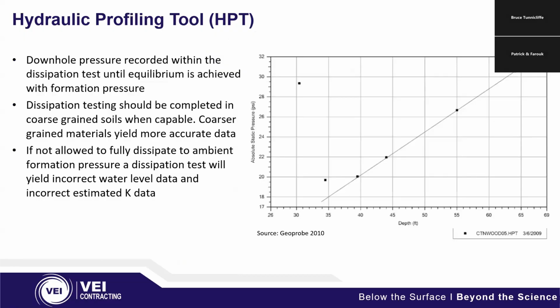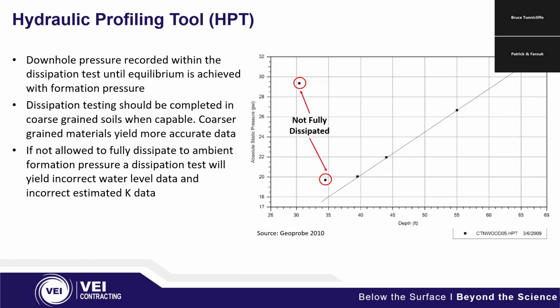So is it easy? It can be. The downhole pressure is recorded with that dissipation test until we get that equilibrium with the formation pressure, but it should be completed in a nice sandy or coarse grained material, just for not only efficiency, but so that we're able to get that absolute piezometric pressure to equilibrate with the formation pressure.